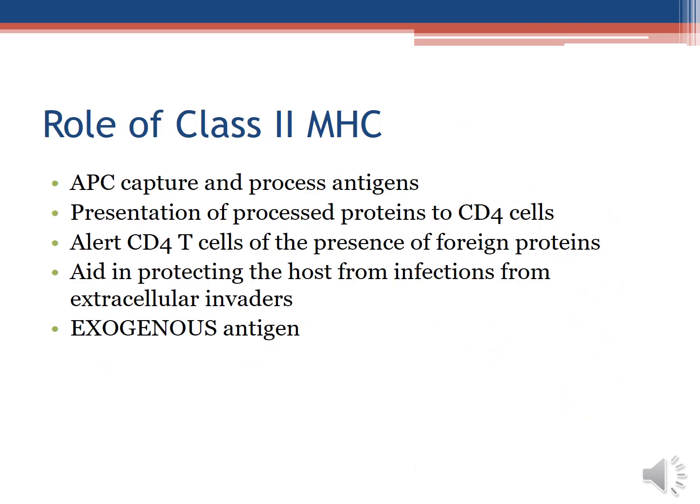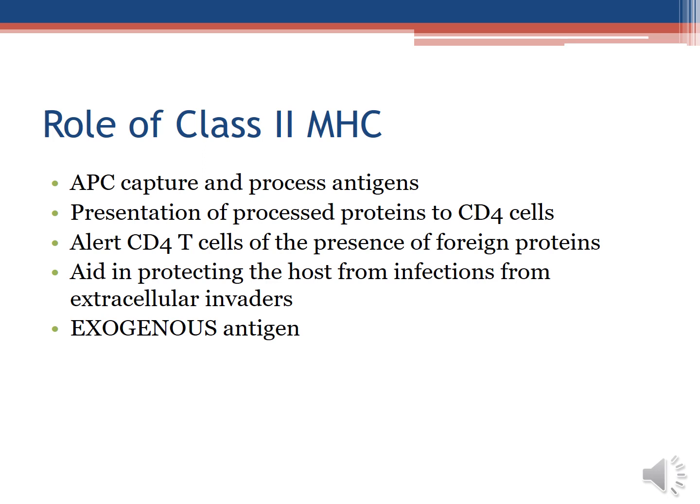So remember that our antigen presenting cells, or our APCs, play a major role in our Class II MHC. Our APCs are going to engulf these antigens, process these antigens, and present these processed proteins to our T helper cells, or our CD4 T cells.